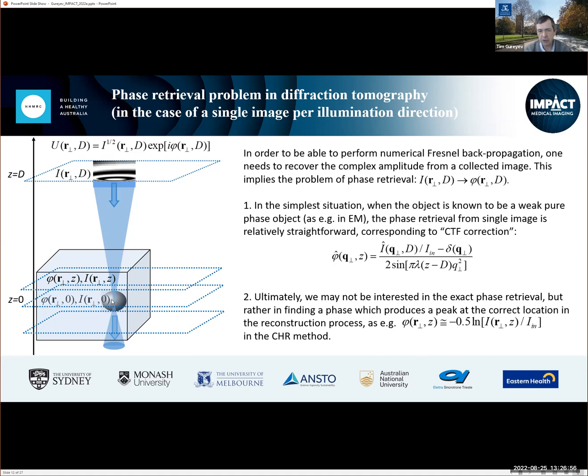And that, although it's related to phase retrieval, is not necessarily the same thing. There are methods which we have investigated where we actually substitute a different phase, which is not the real phase of the scattered wave, but something else. That also can be done, although I'm not going to discuss it further today. Just to say that phase retrieval is not the only way to approach this problem.